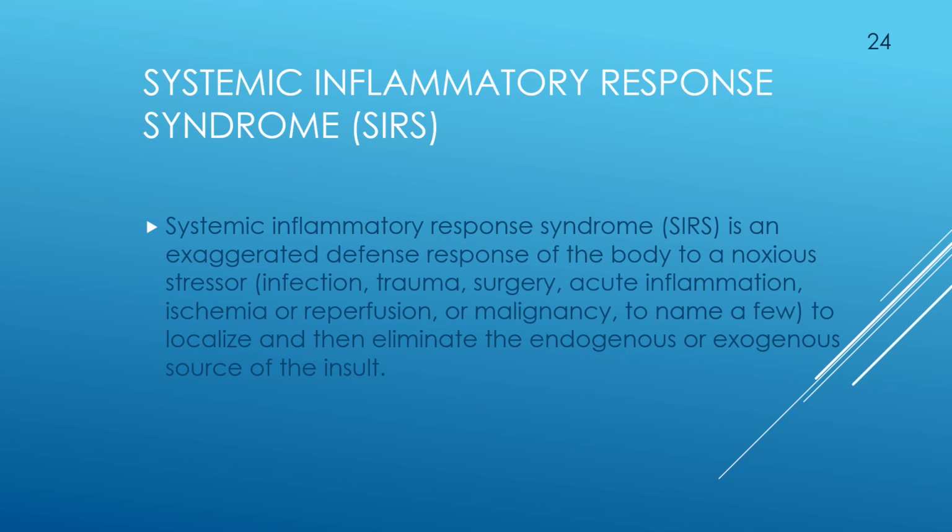So basically you have this exaggerated inflammatory response system with the release of cytokines and pro-inflammatory mediators and all of these other things that wreak havoc in the body. So a precursor to sepsis can be SIRS.